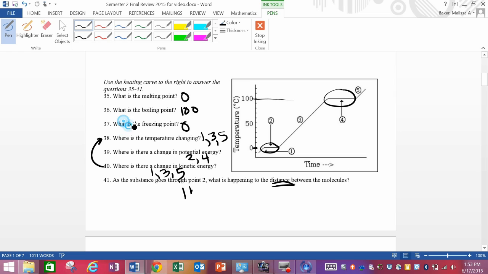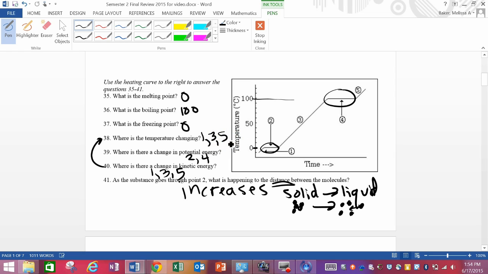It's increasing. Because at point 2, it's going from a solid to a liquid. So the molecules that were once really close together are now moving further apart. And now they can slide past one another, and that's what gives a liquid its properties.